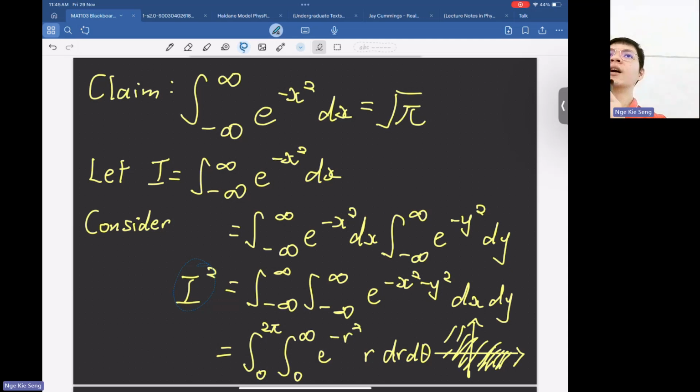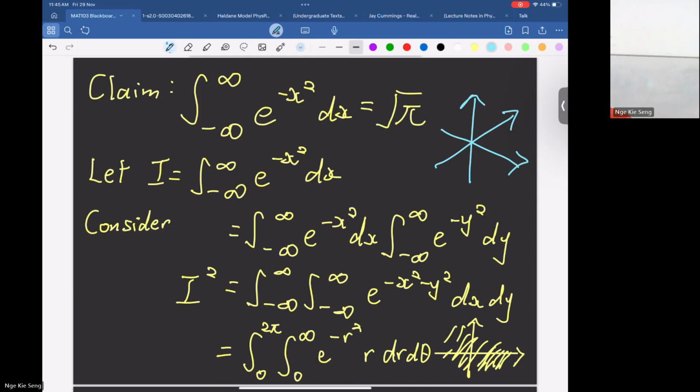You know what's the shape of this surface, e to the minus x squared minus y squared? 如果我没有记错，maybe you can use the plot. I think it's a plane with a bulge in the middle here.